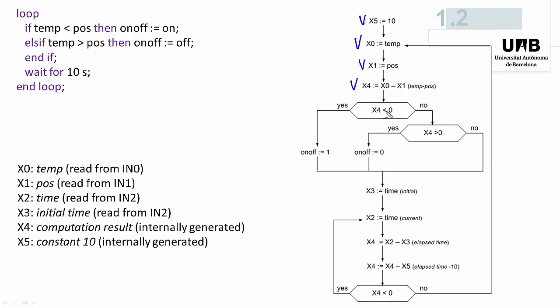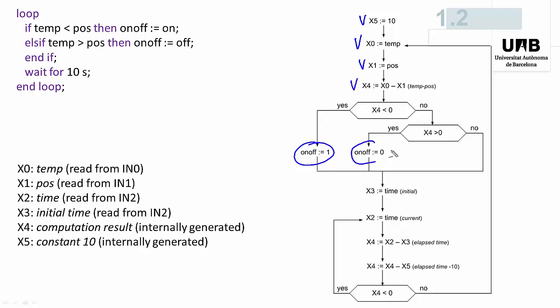If this difference is negative, that means that the measured temperature is smaller than the selector position. Thus, the on-off output must be equal to on or to 1. In the case that x4 is not smaller than 0 and that x4 is greater than 0, that means that the measured temperature is greater than the position.